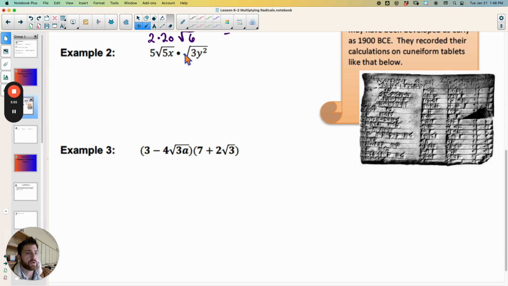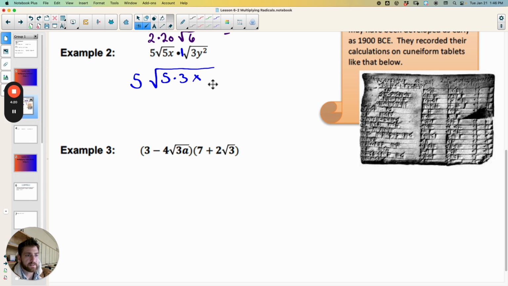So really, the numbers out in front, if there's not a number, it's like multiplying a 1. So here it'd be 5 times 1. So I know the number on the outside is going to be a 5. And then I'm going to go ahead and rewrite all this under one radical. 5 times 3, I could write 15. I'm going to leave it as 5 times 3 as the reduced prime factors here.